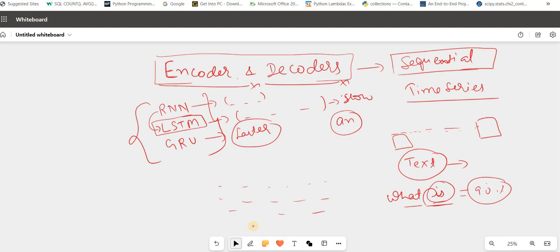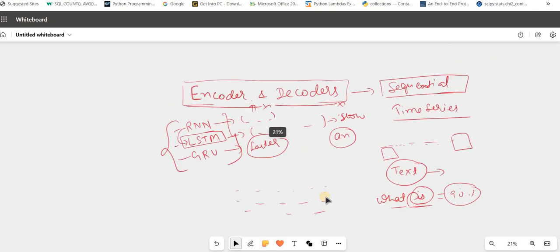To handle that, they introduced a new way to use the LSTM, named encoder decoder. Encoders and decoders are not algorithms; they are arrangements of LSTM, RNN, or GRU. They arrange them in a different way to solve a specific kind of problem, like longer dependencies in a time series or in text.